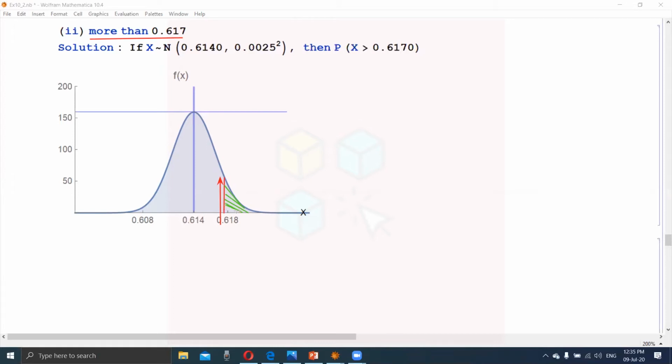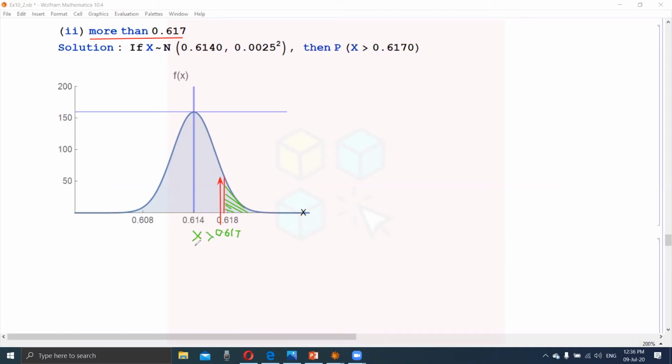So on the number line, in the center is 0.614, then the arrow line is at 0.617, and for more than 0.617 a point must be placed on the number line here, and we have to find the probability that x is greater than 0.617.